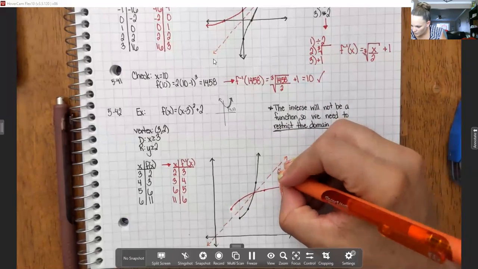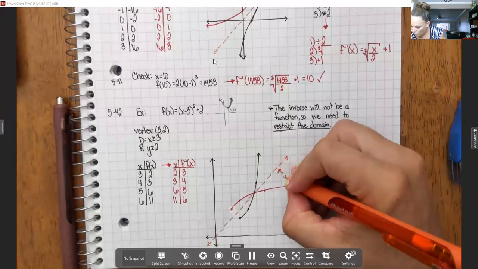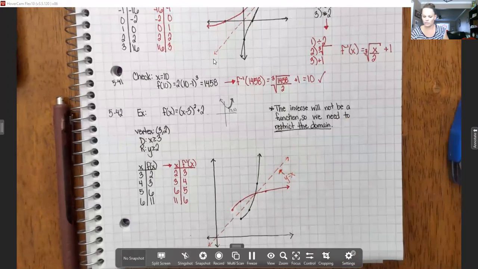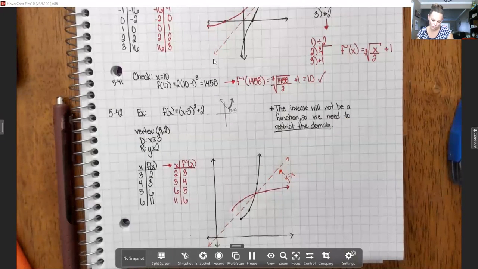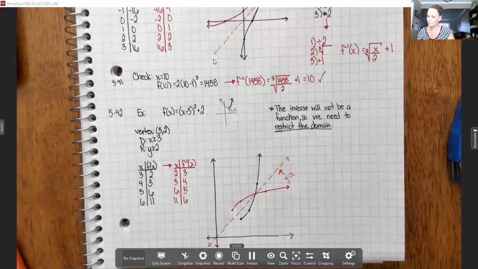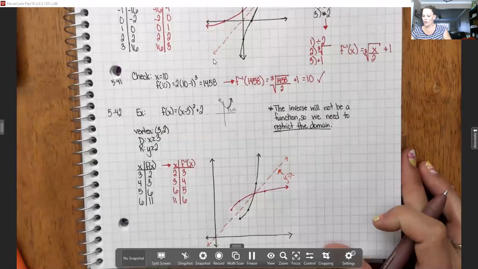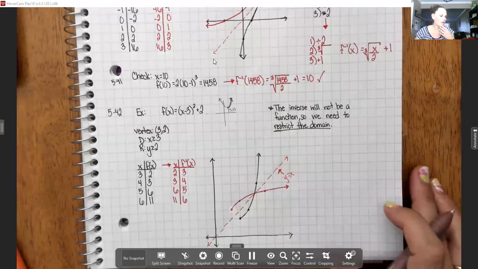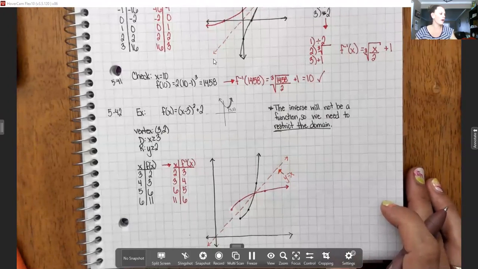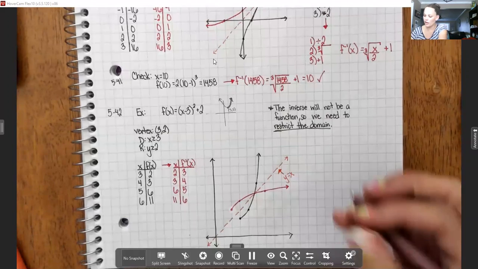So again, that's the line y equals x. And then same thing with our equation here.